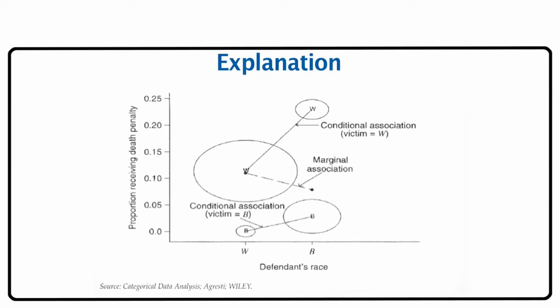However, when we aggregate these two tables, as a result of the change in the marginal frequencies, the fact that this cell has a huge frequency and this cell has a very small frequency, when we aggregate this, the centroids get shifted so that we are looking at a vector which is in the opposite negative direction, and we conclude that the association is negative. This is a diagrammatic explanation of Simpson's paradox.